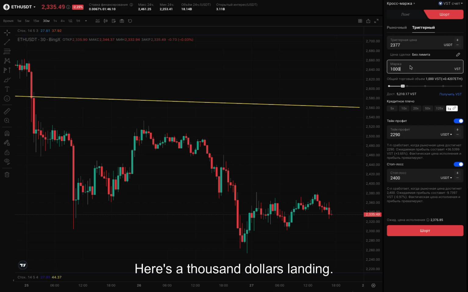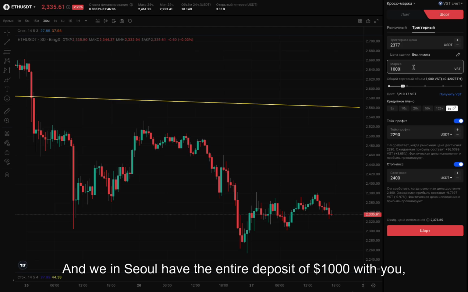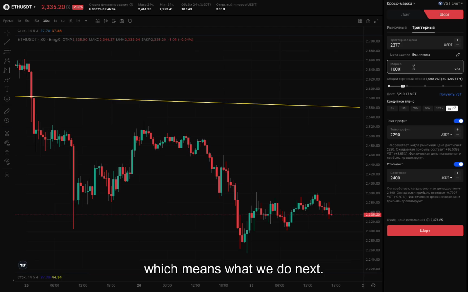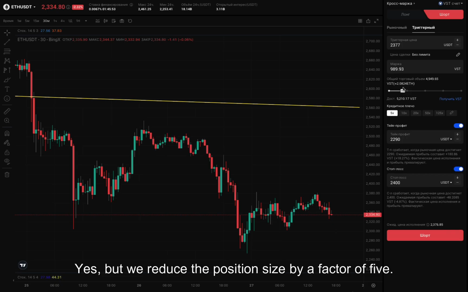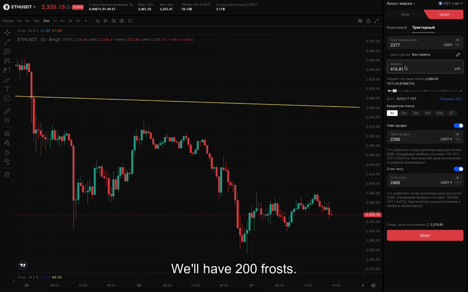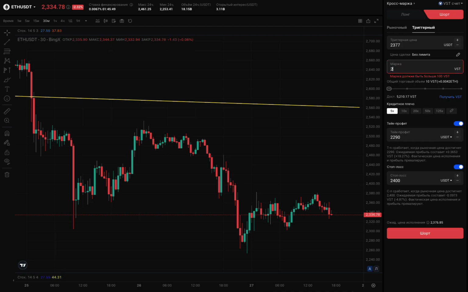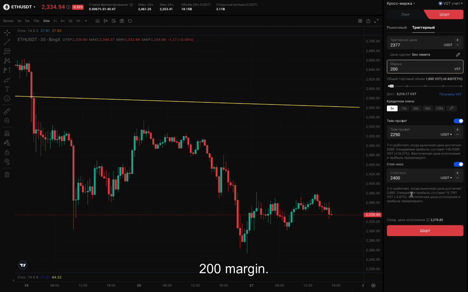Here's $1,000 landing, and we have the entire deposit of $1,000. Which means what do we do next? We then put, let's say, 5 leverage and not just 1 unit. But we reduce the position size by a factor of 5. We'll have 200 margin.